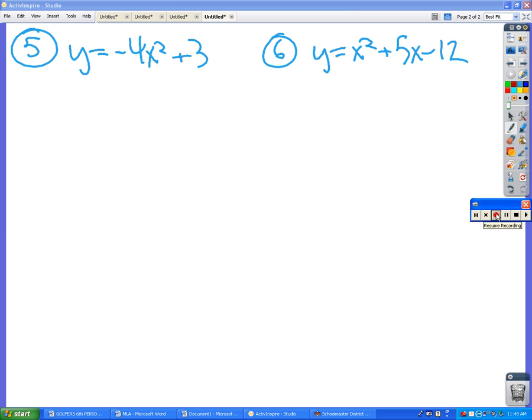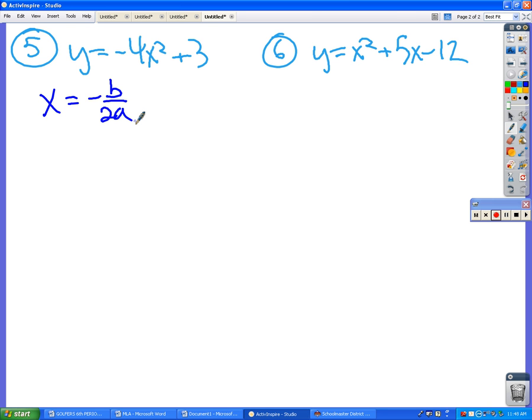Okay, so now things get a little bit more complex. Now we're trying to find the vertex of these parabolas. And I mentioned to you guys yesterday, don't know if you heard me, but this is that thing where the x-coordinate of the vertex is going to be negative b divided by 2a. Okay?